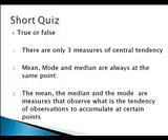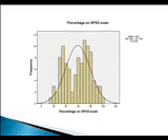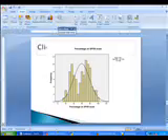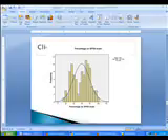Now we're going to check how to do some of the calculations of the mean, the median, and the mode using SPSS. I have a data set here, and for time concerns I have already entered the values that I want to analyze. They are the values of one of the classes.